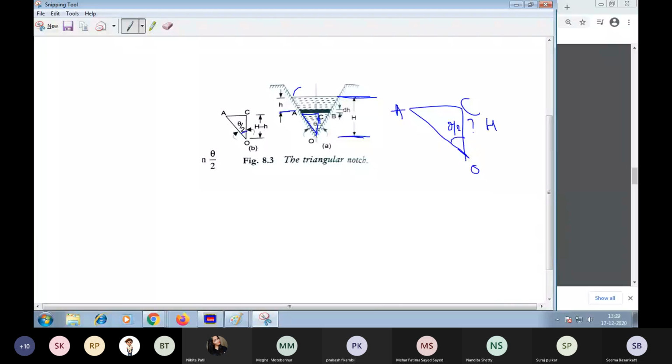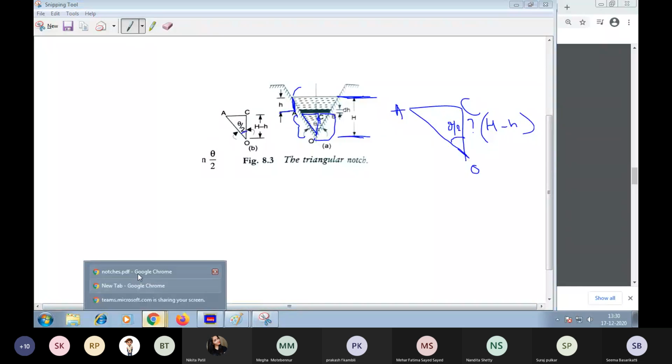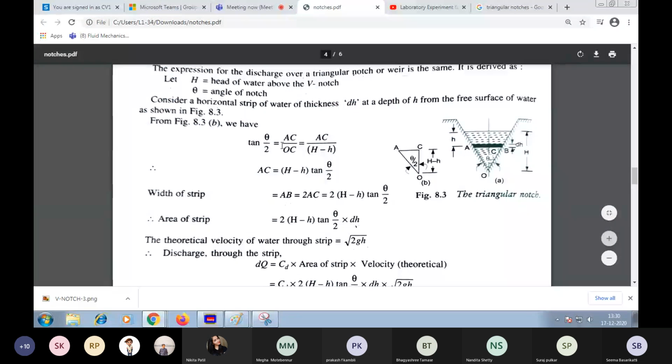It is capital H minus small h. So H minus h will give you this height. Now apply the rule here. Tan theta by 2 is nothing but AC divided by OC.